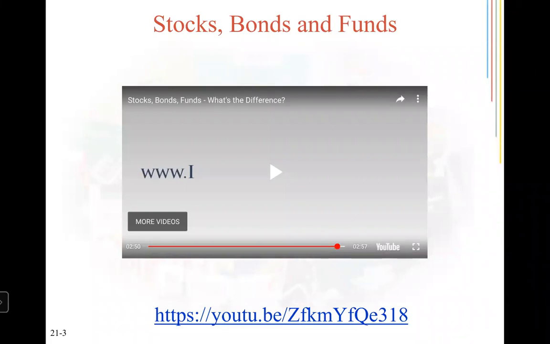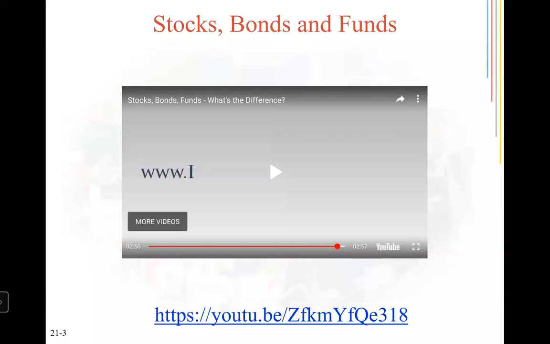And so persons are leaning towards or exploring stocks, bonds, mutual funds as a means of investing, saving, making their money work for them. So all three are forms of investment.